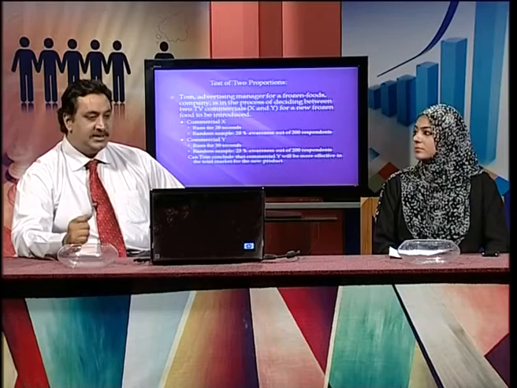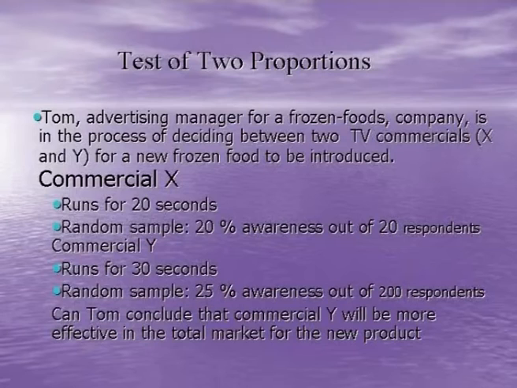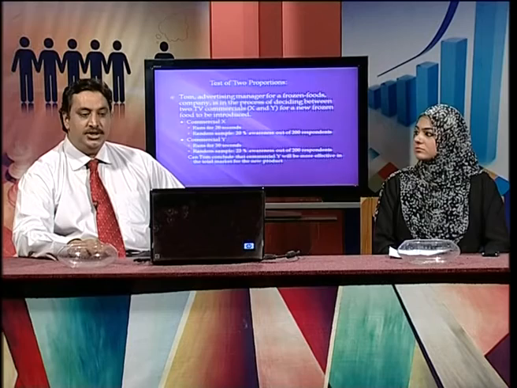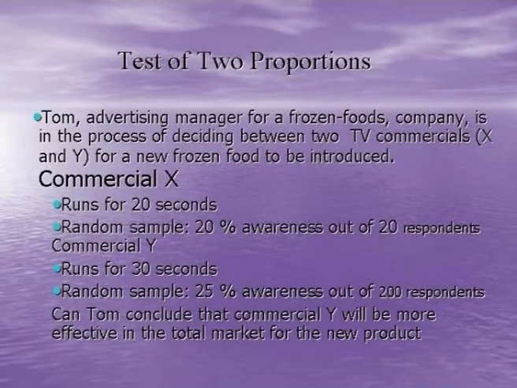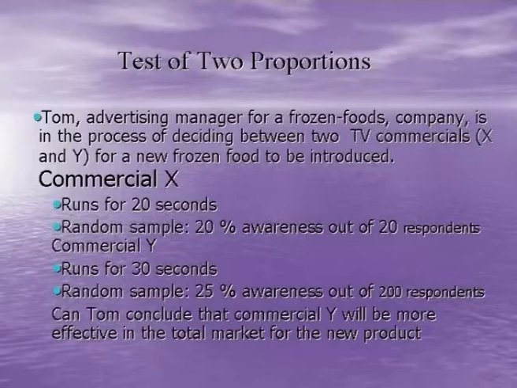Suppose an advertising manager for a frozen food company is in the process of deciding between two TV commercials, X and Y, for a new frozen food to be introduced. Commercial X runs for 20 seconds, and in a random sample 20% awareness is found out of 200 respondents. It means that out of 200, 20% of respondents who watched the advertisement responded positively.